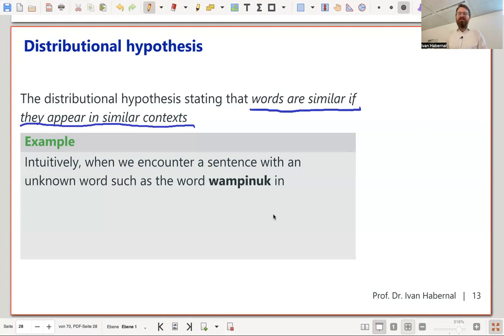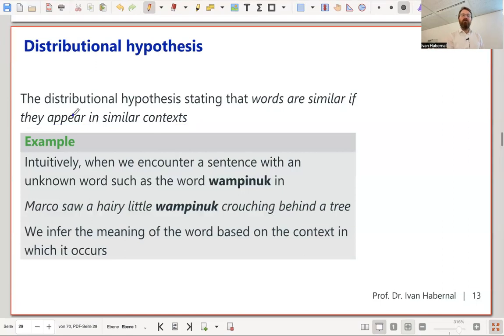Actually, this word doesn't exist. Maybe now it exists because if you ask GPT, it will know Wampanyuk because it's in the training data from the book by Yoav Goldberg, which I took the example from. But anyway, Wampanyuk is not a thing. Now, if I show you a sentence, Marco saw a hairy little Wampanyuk crouching behind a tree, this is exactly what you expect, a tiny little creature.